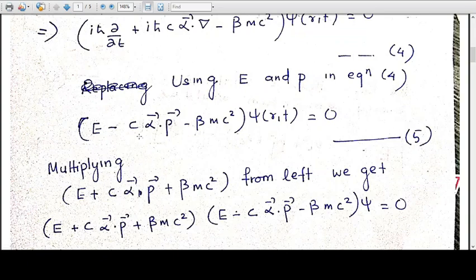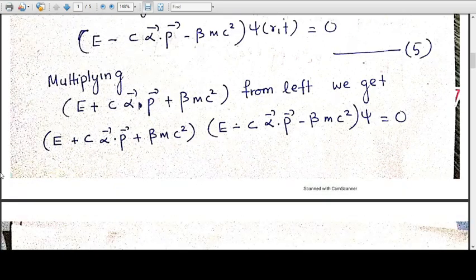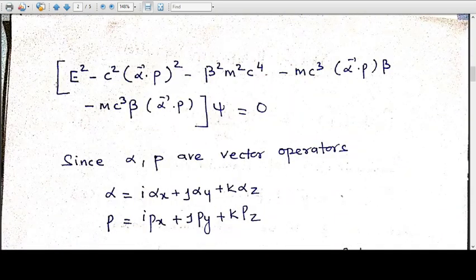Then what you will get is this plus this, psi is equal to 0. Now when you do that, you get E square minus C square (alpha dot P) whole square minus beta square M square C4 minus MC cube alpha dot P beta minus MC cube beta alpha dot P, psi is equal to 0.